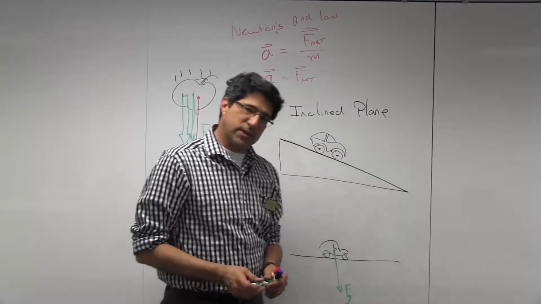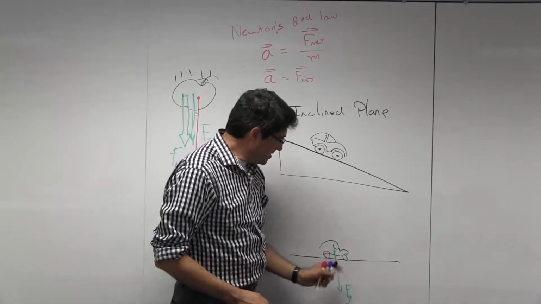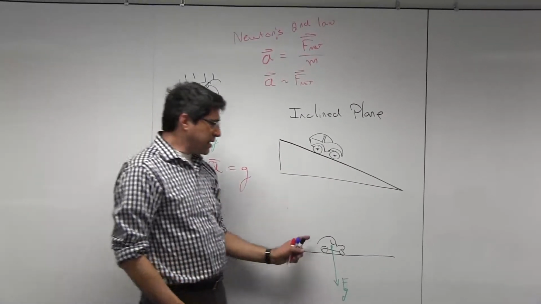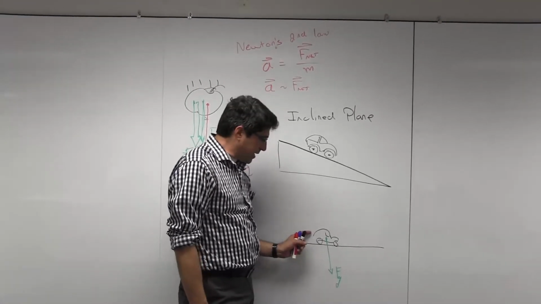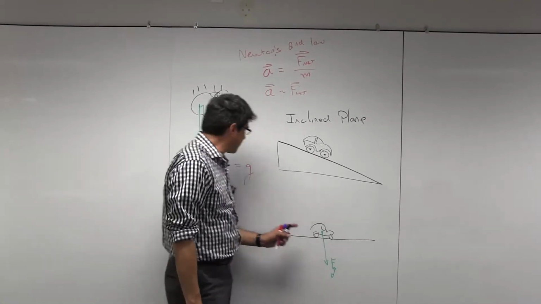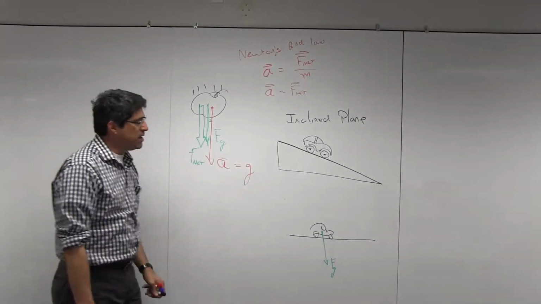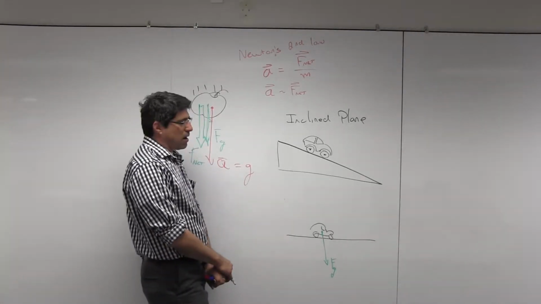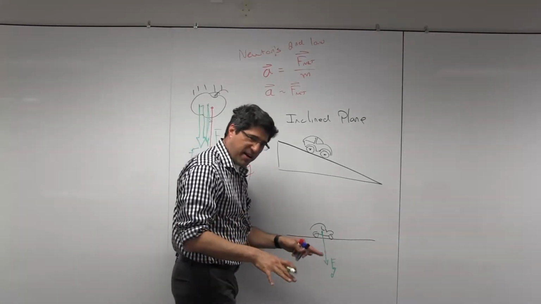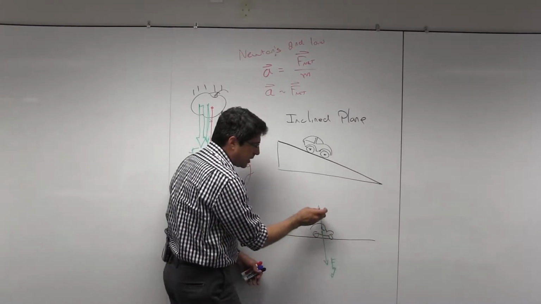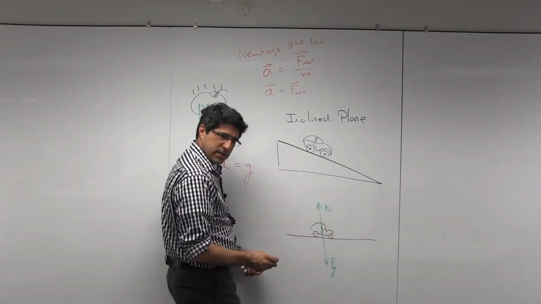The gravitational force is downwards. Now, it's not the only force acting on this car because it's resting on the ground. It's different from this apple that's falling. So this car, like all of us standing on the ground, we feel a normal force going upwards.